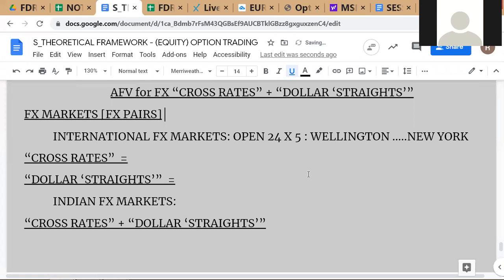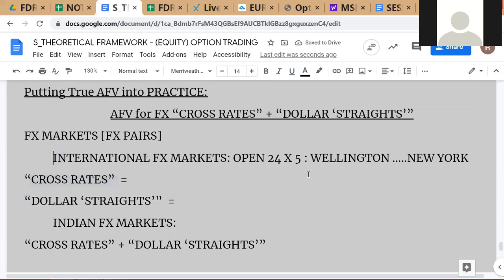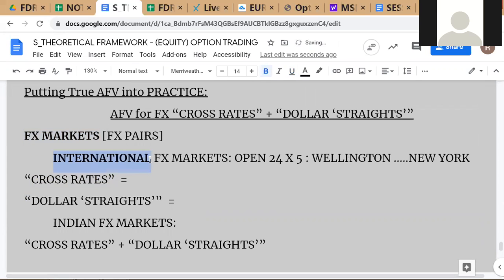All right. So FX markets, international and Indian. So let's put them here. International centers generally are convertible currency locations.